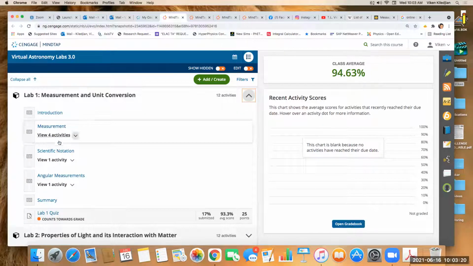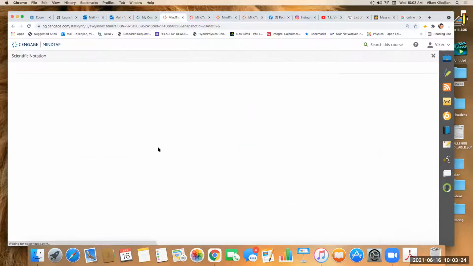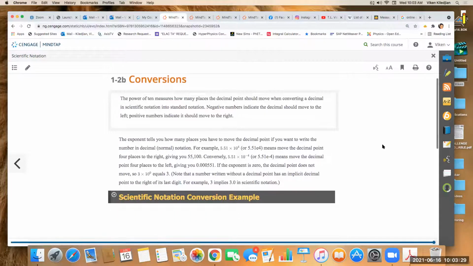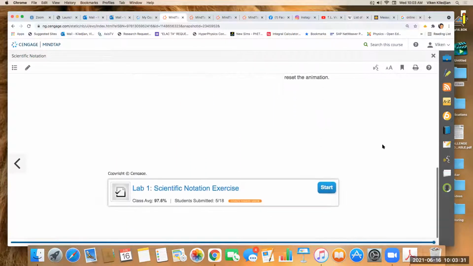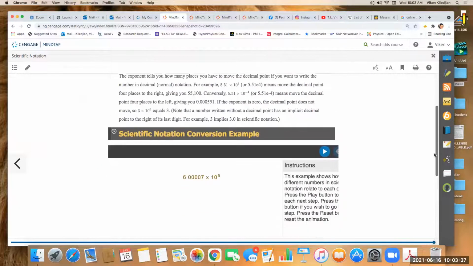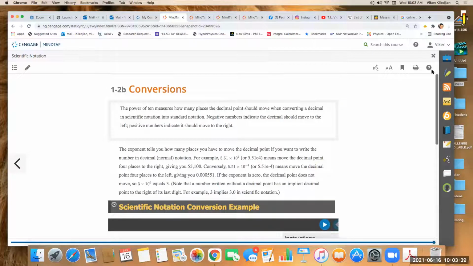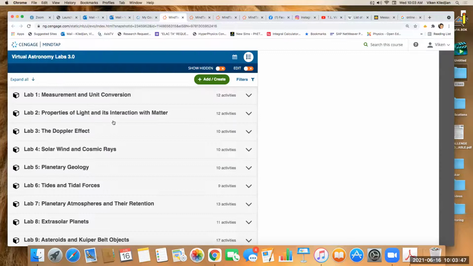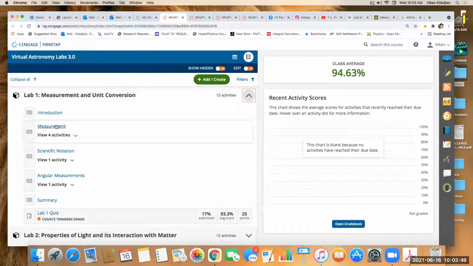I do remember seeing it, where they introduced the micrometer, nanometer, maybe under measurements.